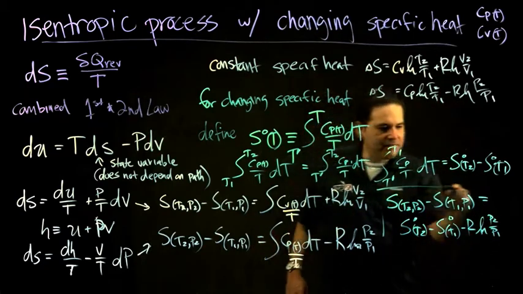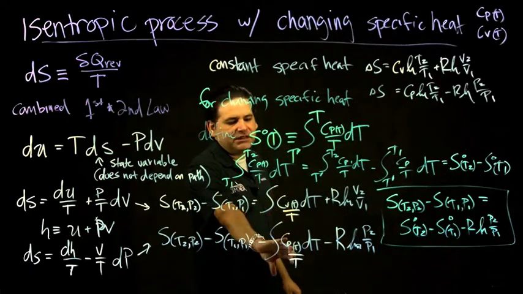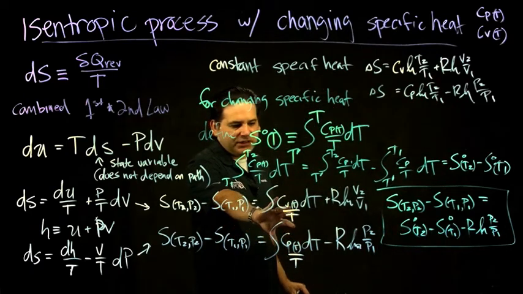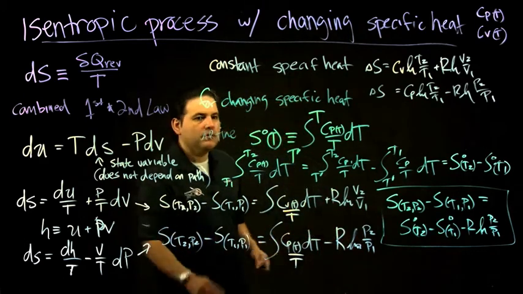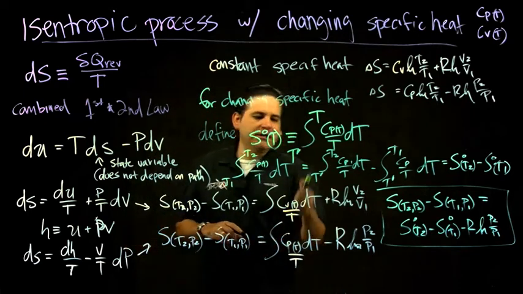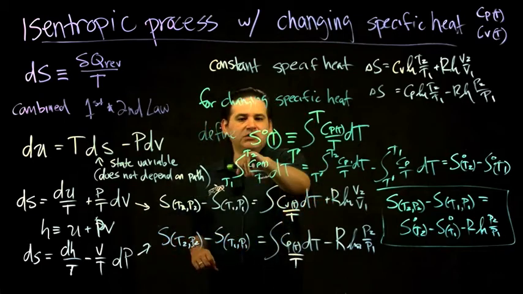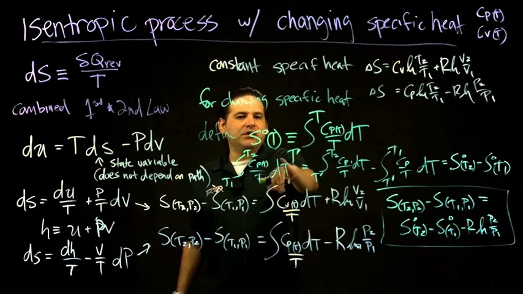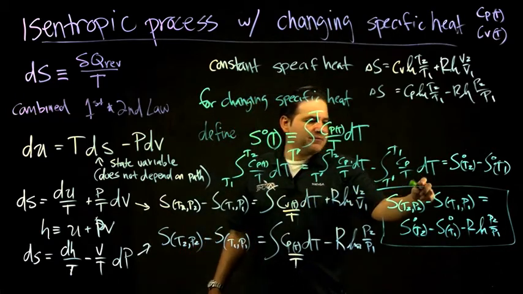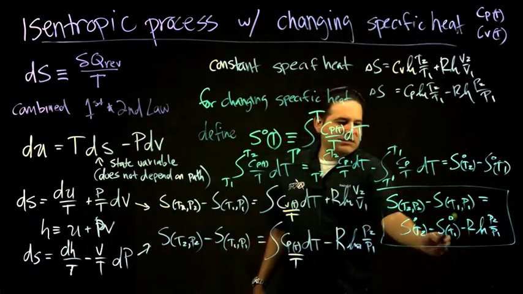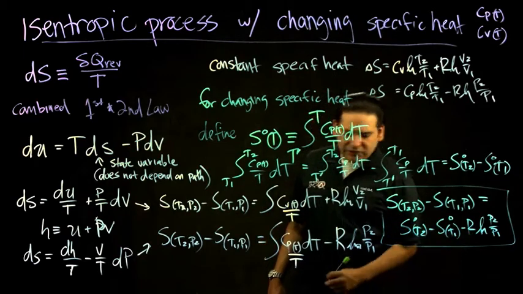So that's the idea here. In general, you can use Cv or Cp to relate this entropy change. I guess it depends on this volume or pressure, but for changing specific heat and using a table approach, Cp is what has been defined to give you this new reference entropy in the tables defined in terms of Cp, and this is how you'd use a table related to this Cp expression to get some change in entropy.